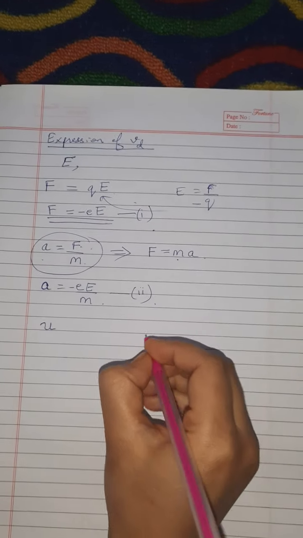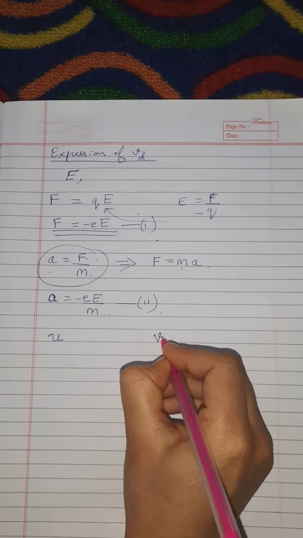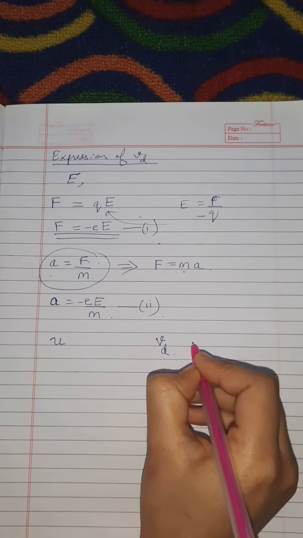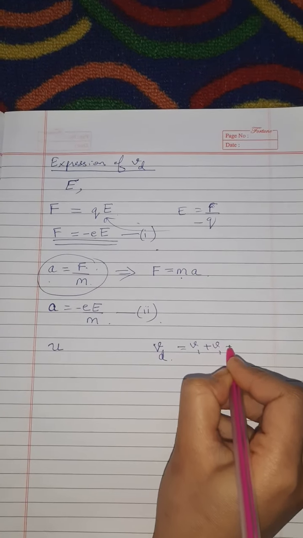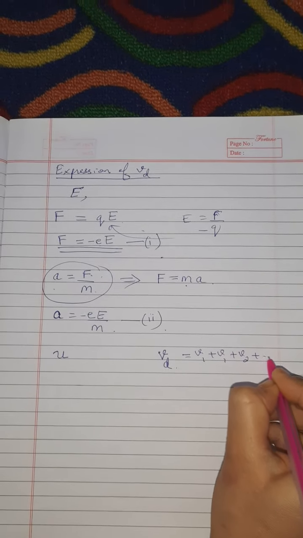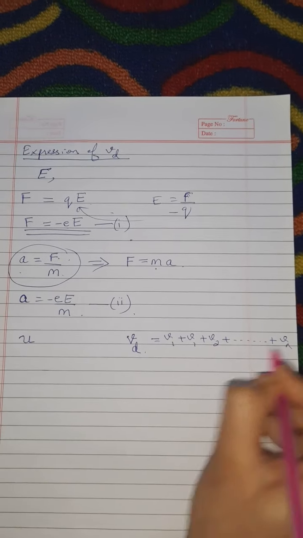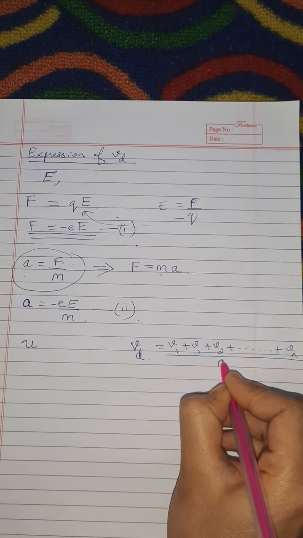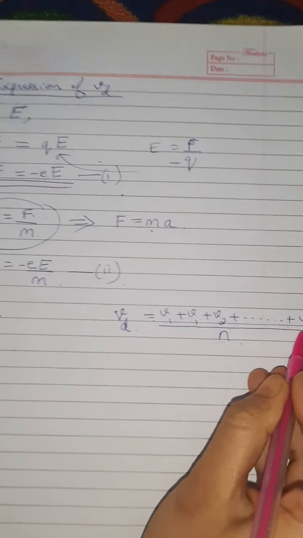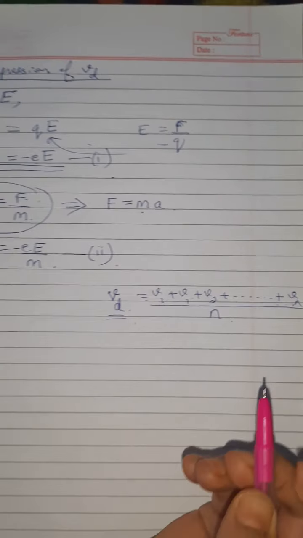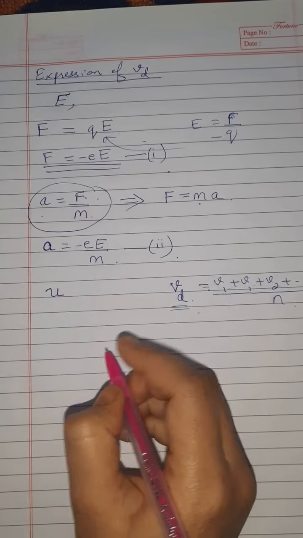After you apply the electric field to the conductor, you have the final velocity called the drift velocity, which is nothing but the average velocity of all the electrons taken together. So we add up the velocity of all the electrons, say you have n electrons. The average velocity of all the electrons attained finally is called drift velocity. Now let's apply the equation of motion.